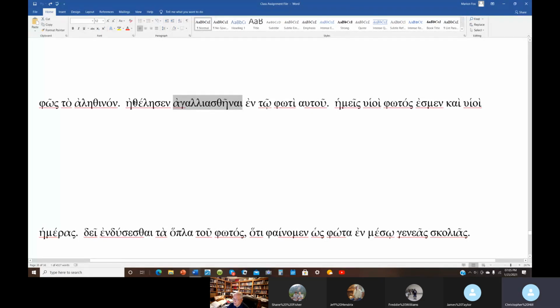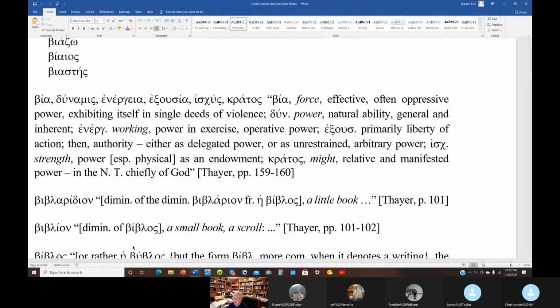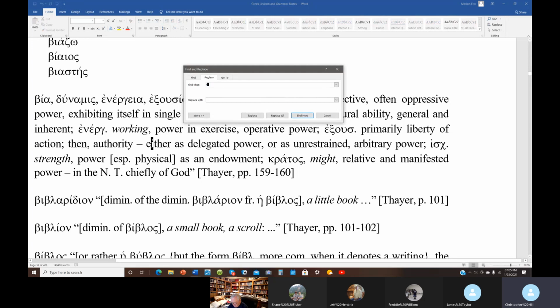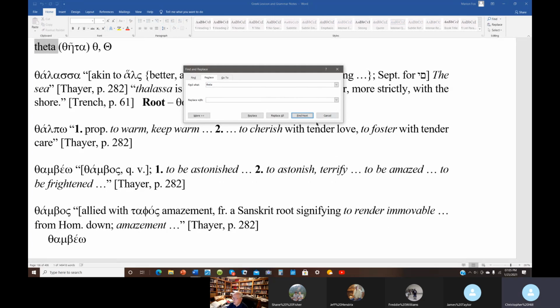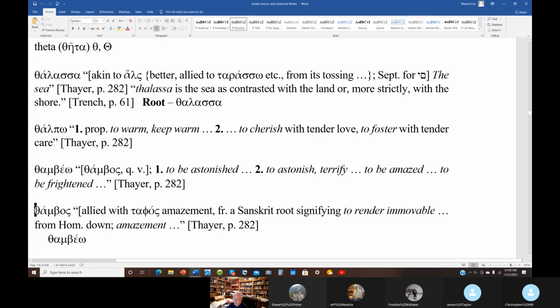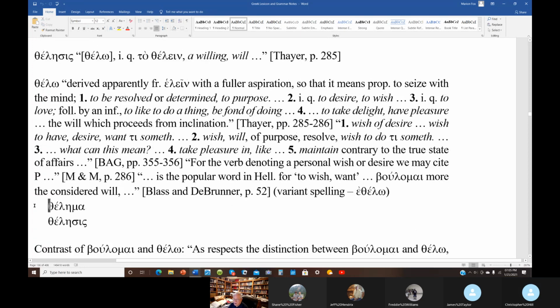Now I'm going to go back and I want to look at thelo just a little bit. And we'll go over to this file here. Go to theta. And we'll come down to thelo. I think we can get to it pretty quickly. There it is.